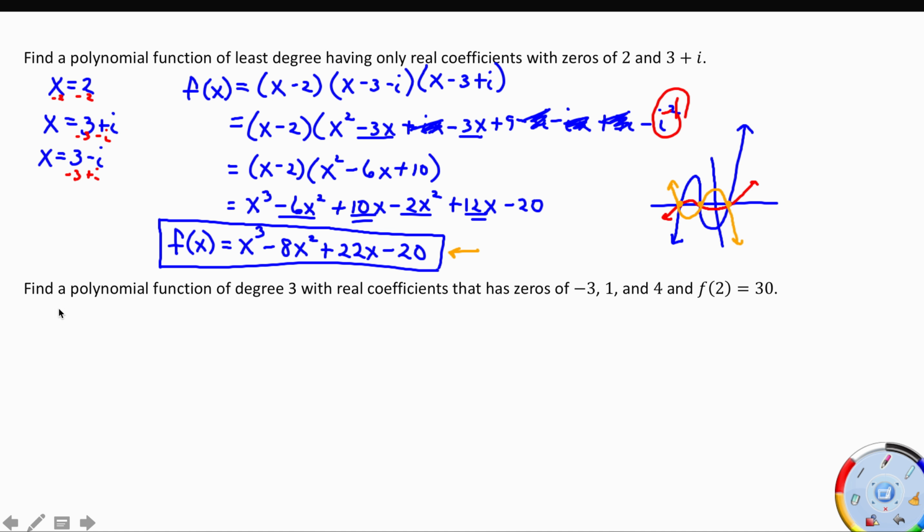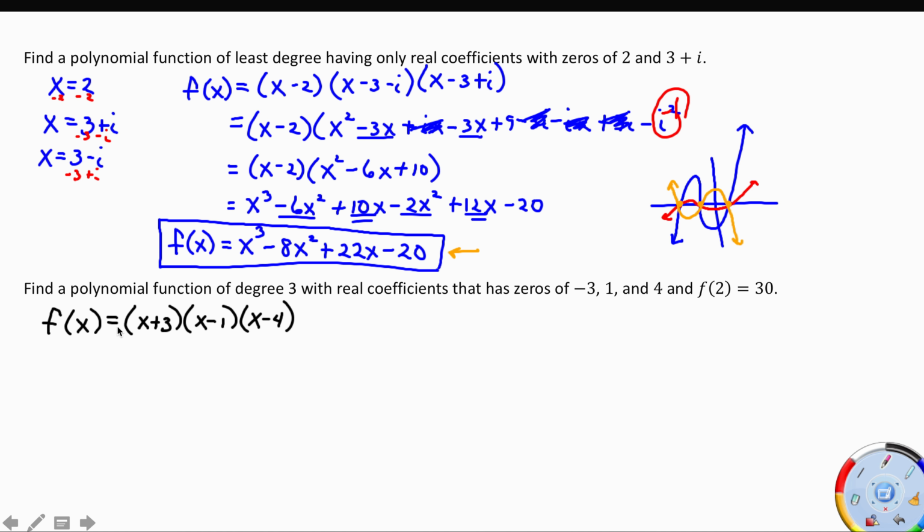But if these are my 3 zeros, then I know that one factor for x equals -3 is x plus 3. The corresponding factor to the zero x equals 1 is x minus 1. And the corresponding factor to the zero, x equals 4, is x minus 4.